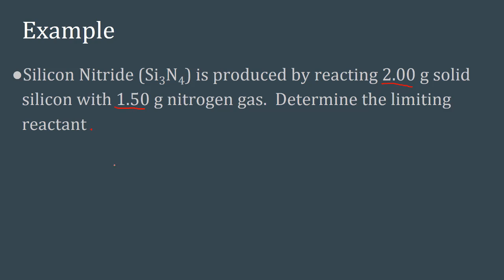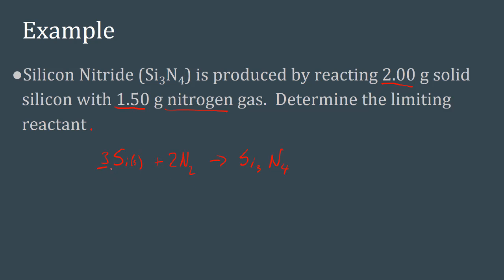So 2 grams of solid silicon, so Si, solid, reacts with nitrogen. Now remember, nitrogen is a diatomic molecule, so N2, to produce Si3N4. We need to balance this equation. Looks like we need 2 of these and we need 3 of these.